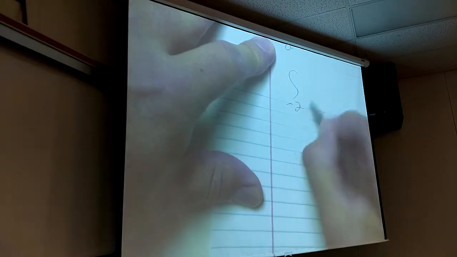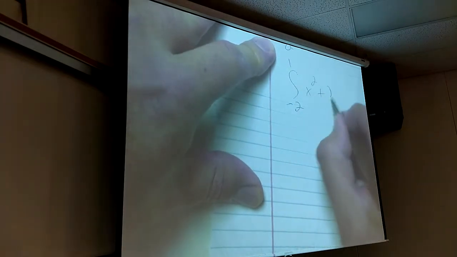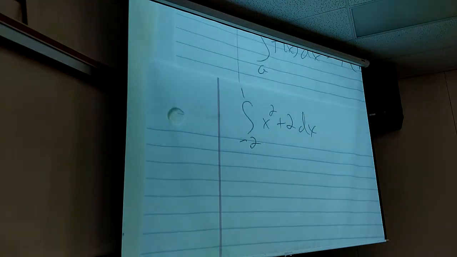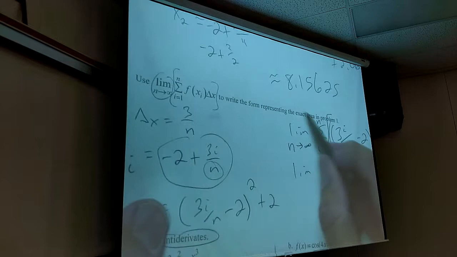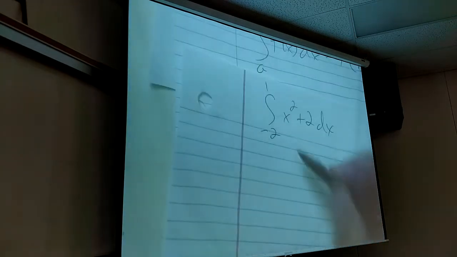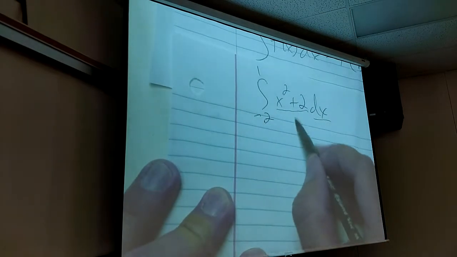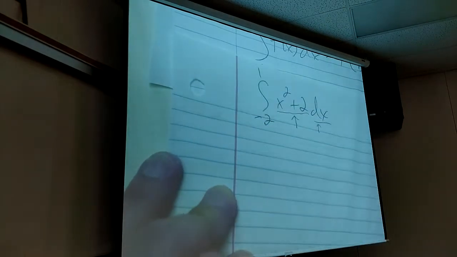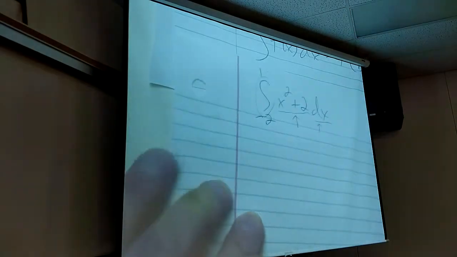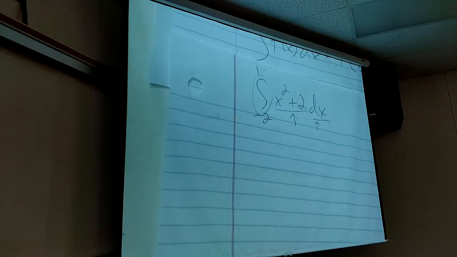So the integral from negative 2 to 1 of x squared plus 2 translates into the integral from negative 2 to 1 of this function. And now you realize these are all the function heights, these are all the widths, that's just the areas, and this means an infinite sum. So it really is the same process, but now we've got a shortcut.